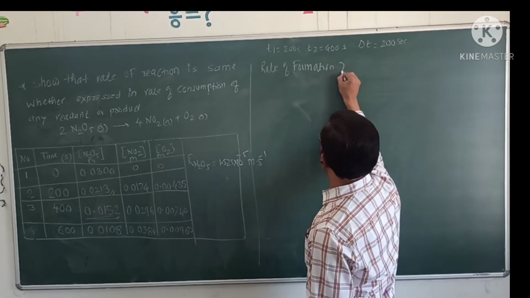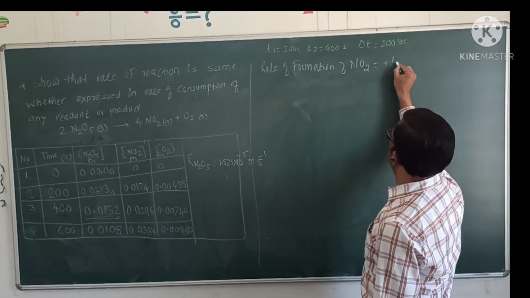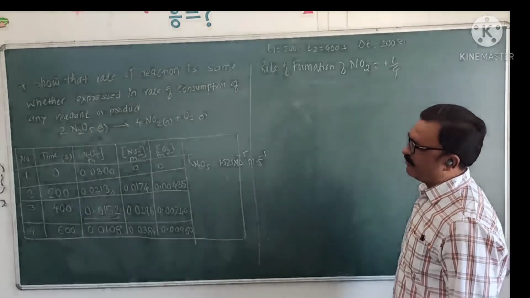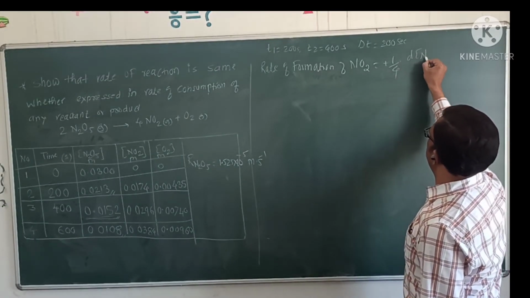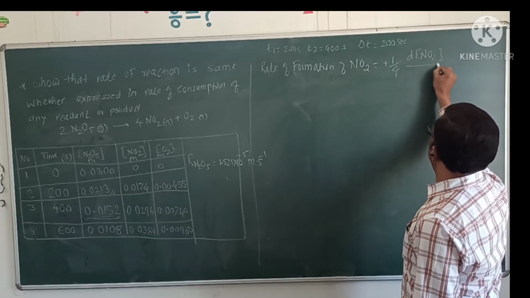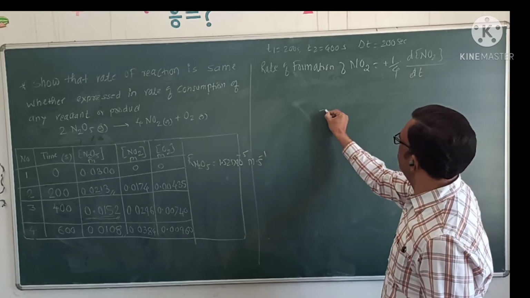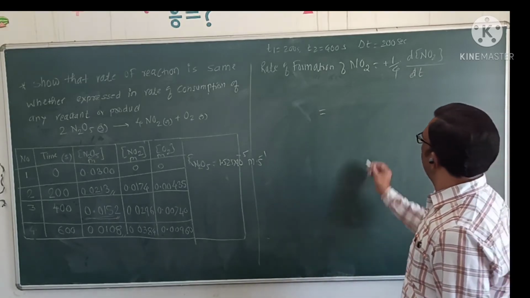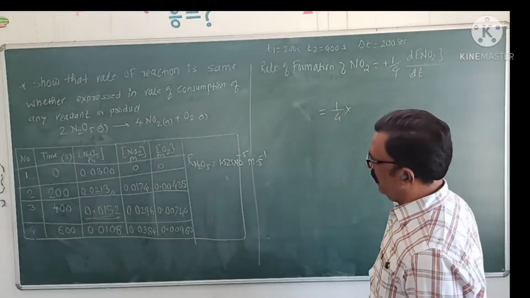Rate of formation of NO2 is equal to plus 1 upon its coefficient into the change in concentration of NO2 divided by the change in time, delta t. Which is equal to 1 upon 4 into the change in concentration of NO2.